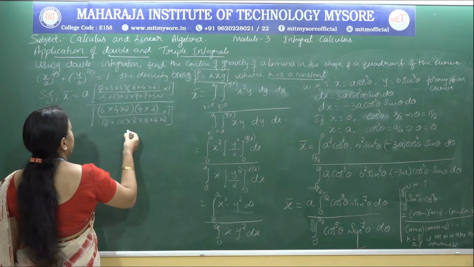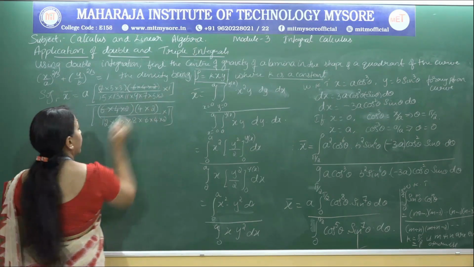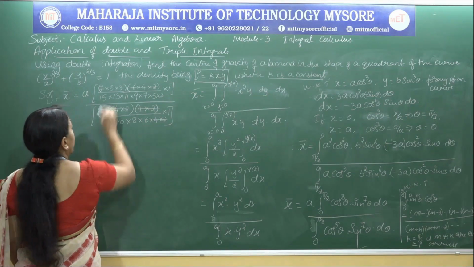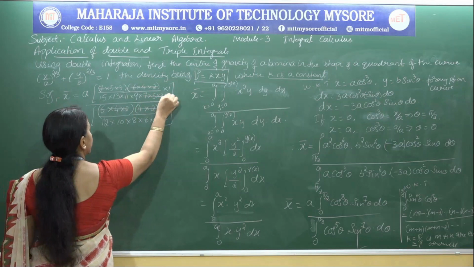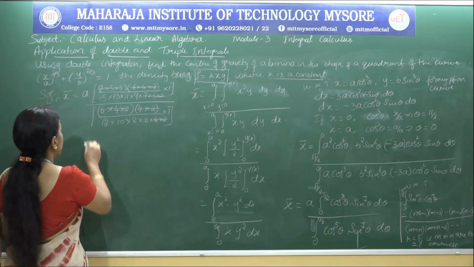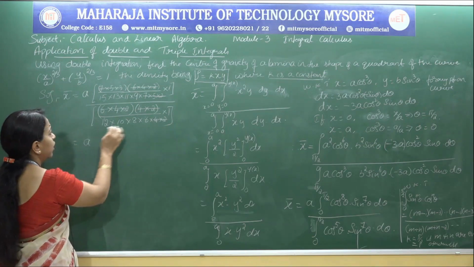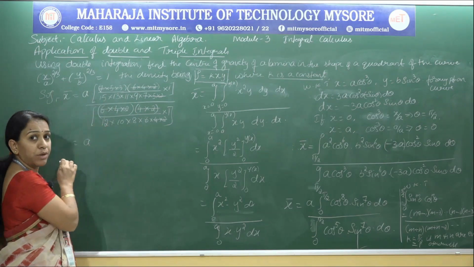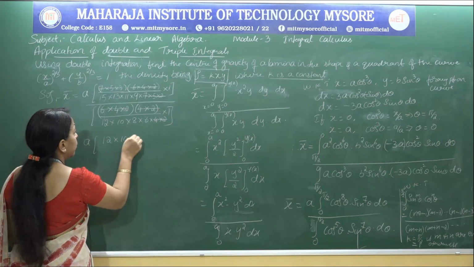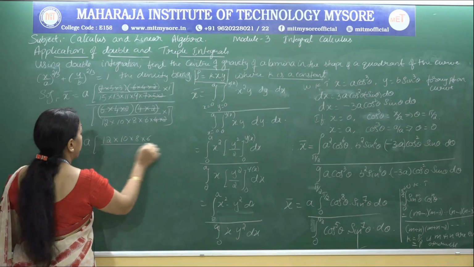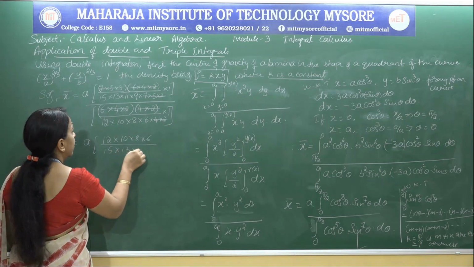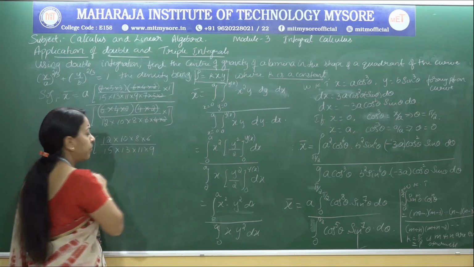So I can cancel here 6, 4, 2, okay, and also I can cancel 4 into 2, and we can cancel 7, 5, 3, right. Now the remaining result is a into, this will go to the numerator and this comes to the denominator, that is a into 12 into 10 into 8 into 6 divided by 15 into 13 into 11 into 9.